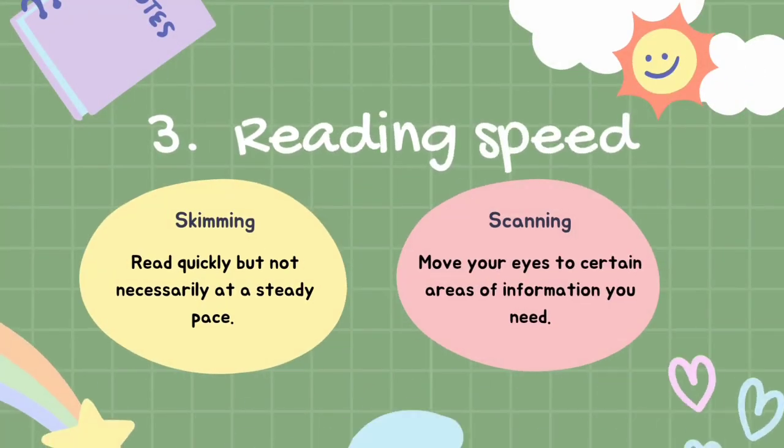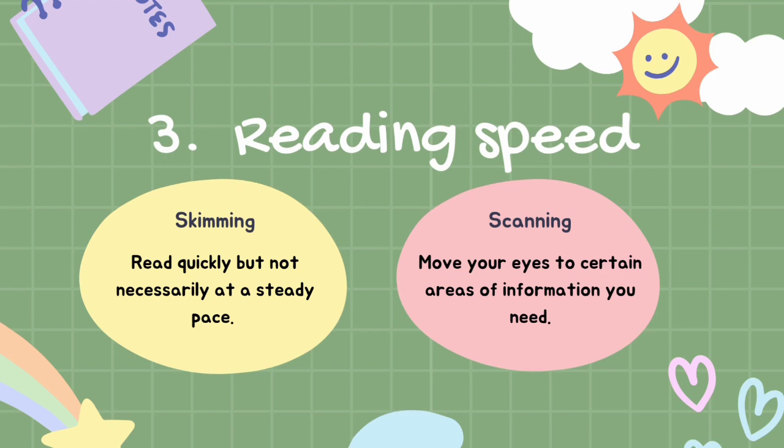Okay, the next is reading speed. The speed when we read with skimming and scanning techniques is different. If we want to use skimming, we need to read quickly, but not necessarily at a steady pace. Your goal in skimming is to cover a lot of content in a short period of time.